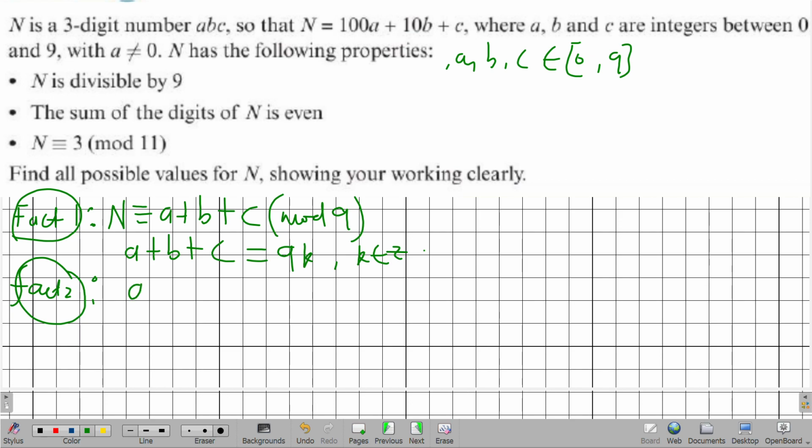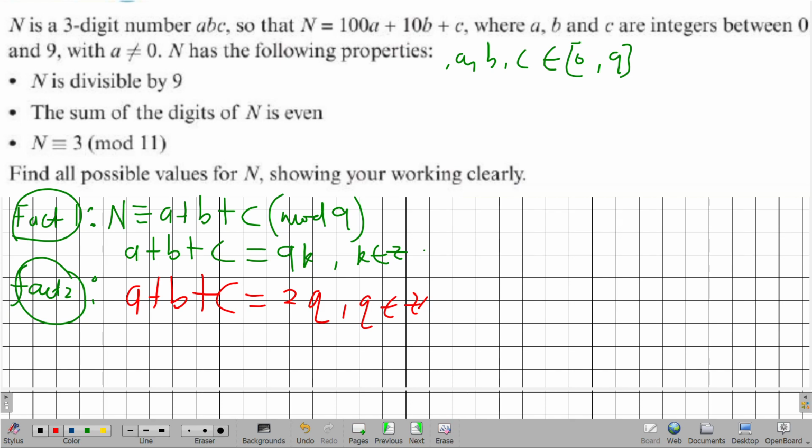So a plus b plus c is an even number if you add them. So they give you an even number like this, where q is also an integer.